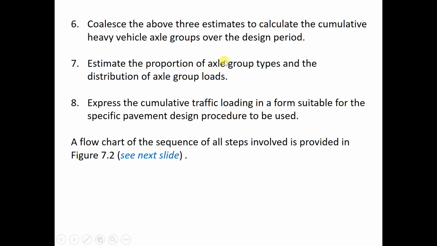Estimate the proportion of axle group types and the distribution of axle group loads. So, estimate the proportion of axle group types. Just now we have single axle, tandem axle, tri-axle, quad axle.